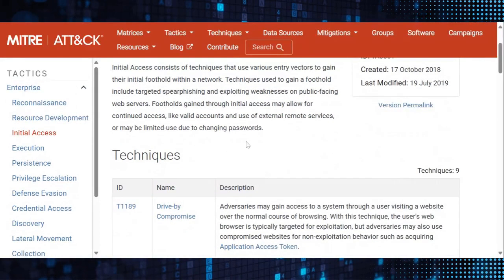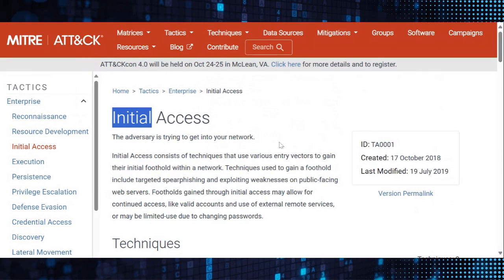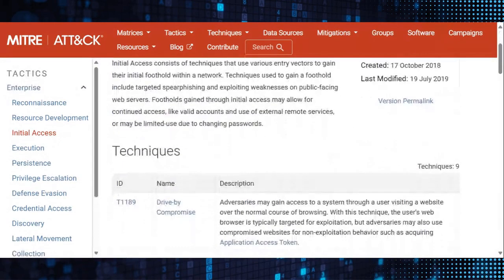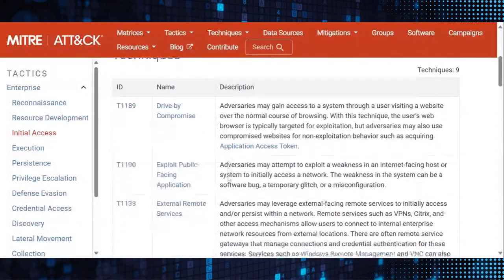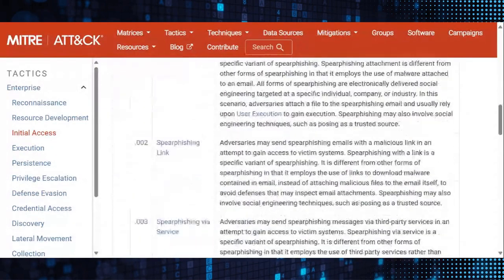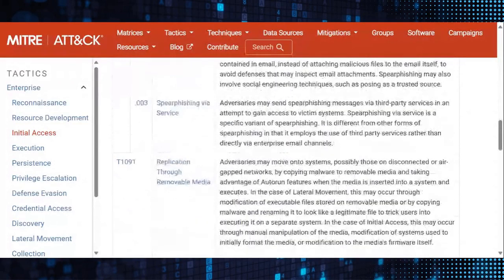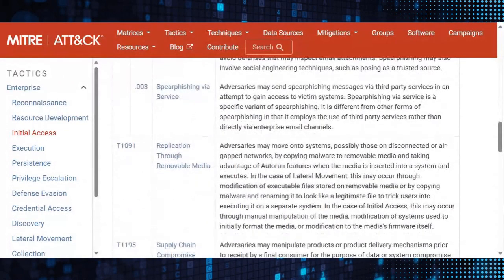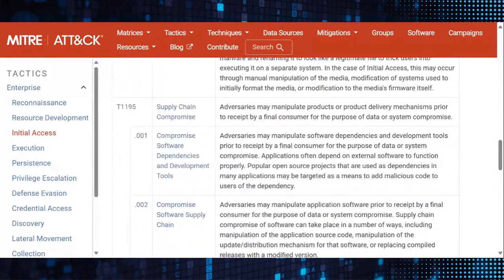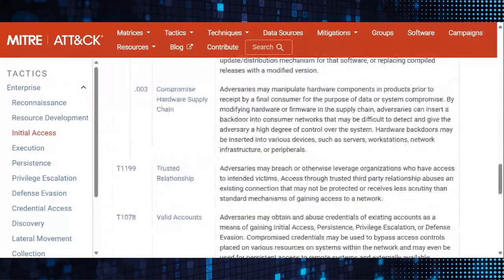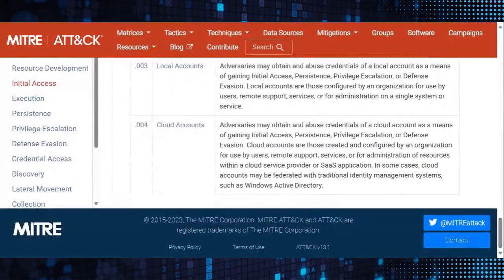The high-level objective is that the attacker wants to get initial access. So the next question is how the attacker will achieve this objective, and here come the techniques. These are the techniques that attackers could use to achieve the initial access objective, and an attacker could use one or multiple techniques to achieve the end goal, depending on the case and the context.